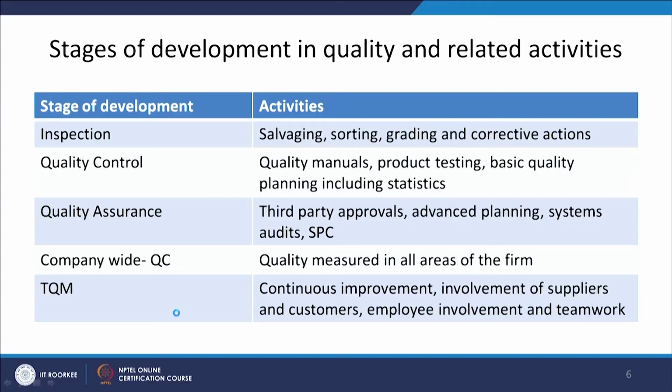So, this became the starting point for concepts like total quality management, which is based on continuous improvement, involvement of suppliers, involvement of distributors, and it is basically focusing on teamwork and employee involvement. So, these are the pillars of success of total quality management.